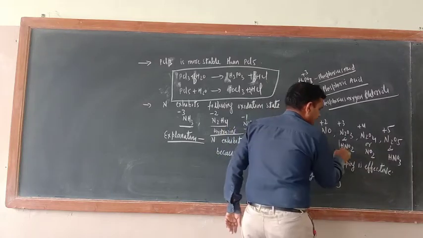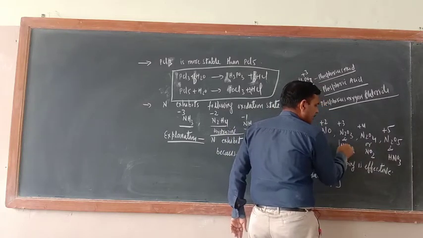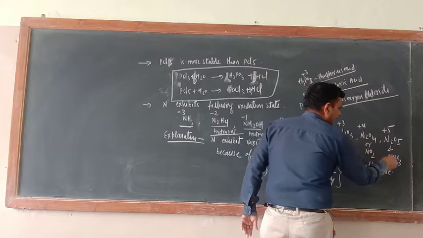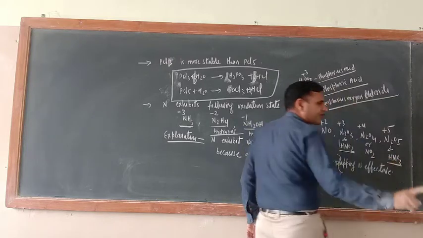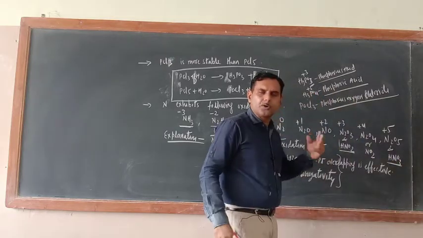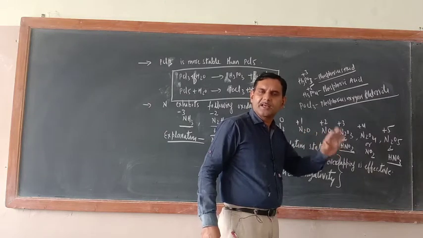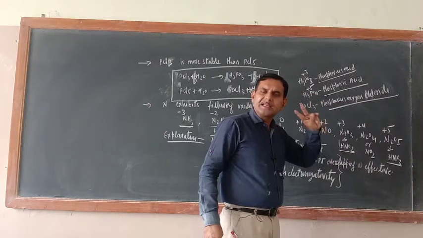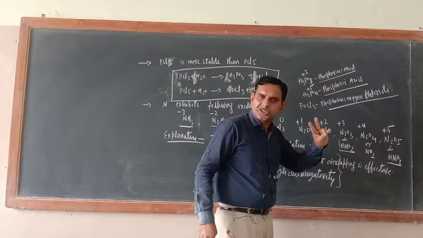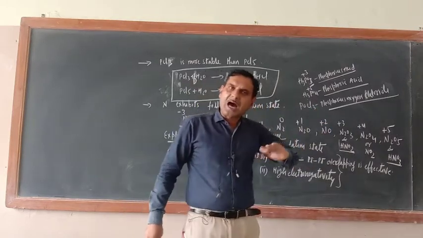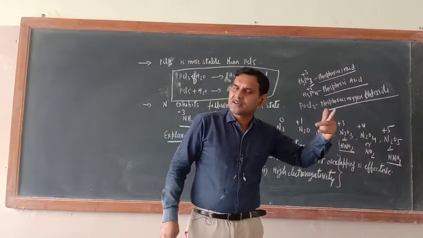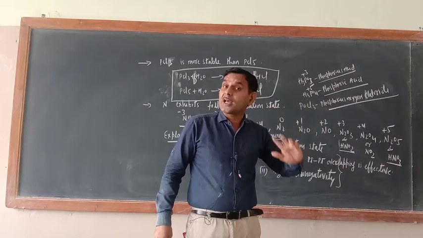Just see, HNO2 is nitrous acid and HNO3 is nitric acid. So last year only I told you the story of ous and ic. If the same element exhibits 2 oxidation states, okay, the higher one is known as ic and the lower one is known as ous.